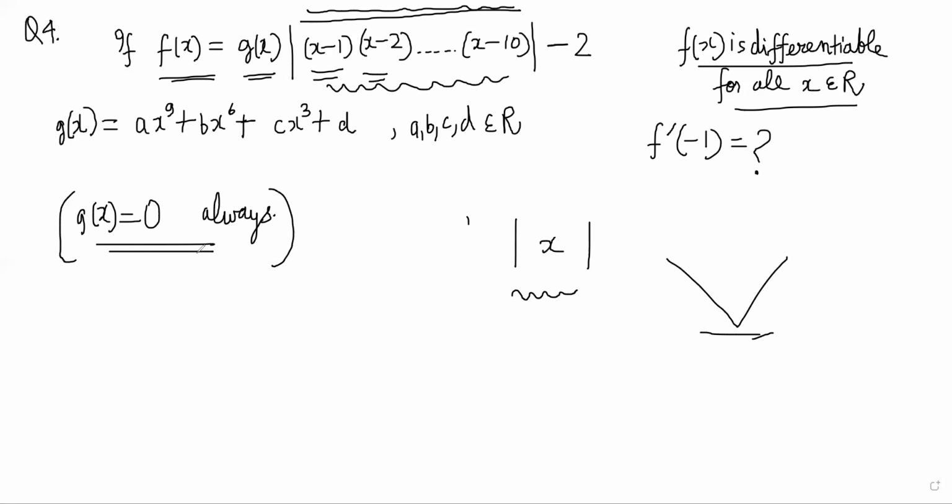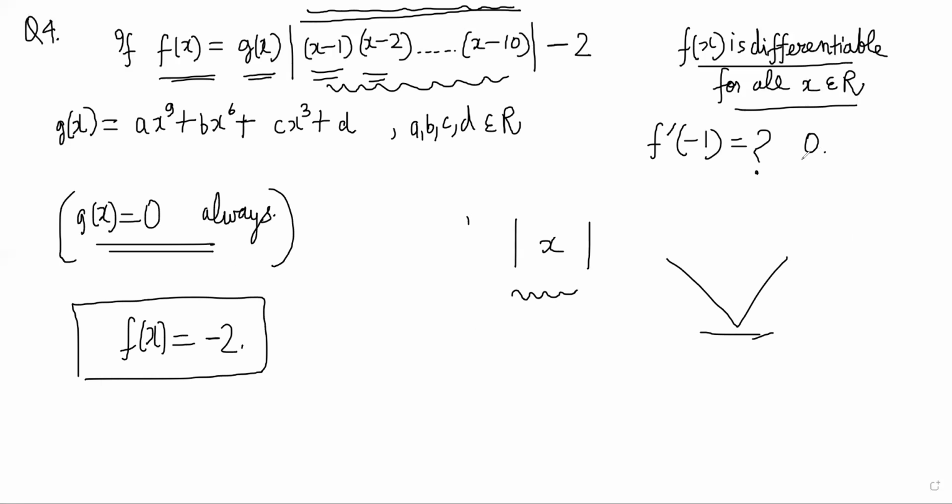And if g x is always 0, then f x is becoming -2. So the value of this derivative is 0 because it's a constant function.